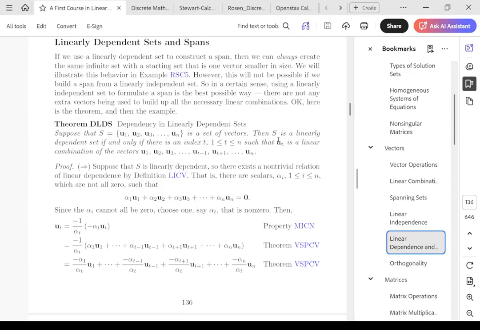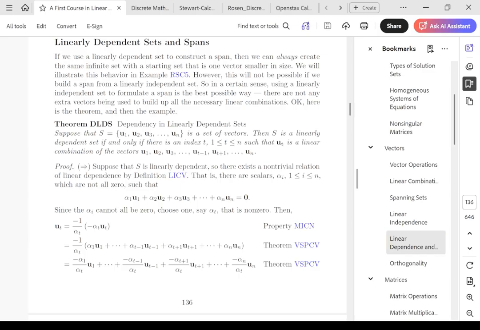And if I can do that, then the set is linearly dependent. Essentially a definition of sorts for linear dependence. Dependent means a vector depends on the other vectors in the set.